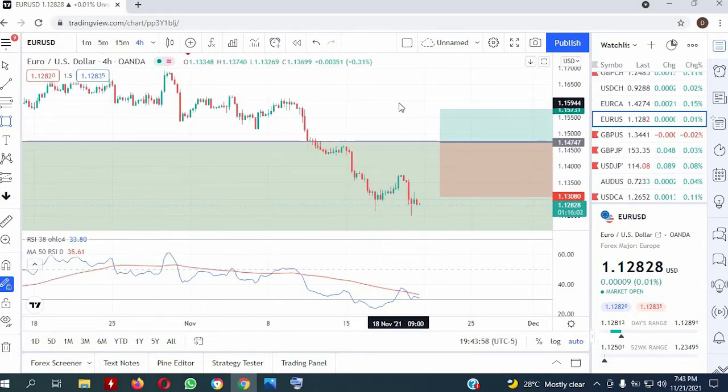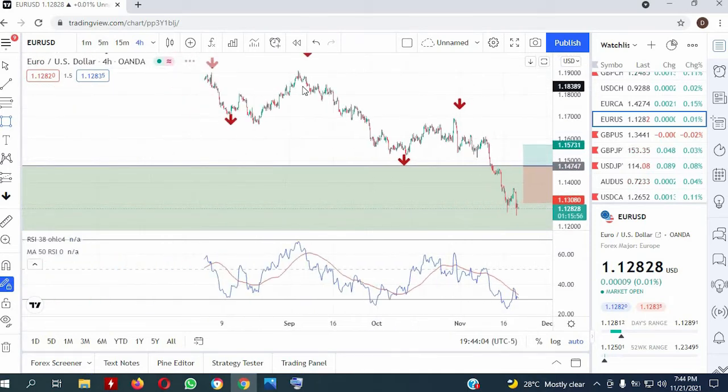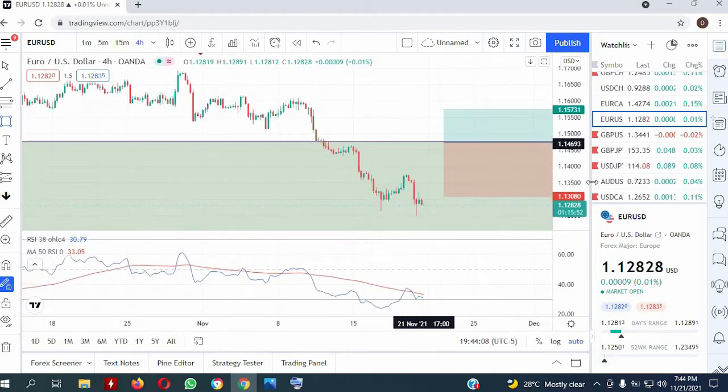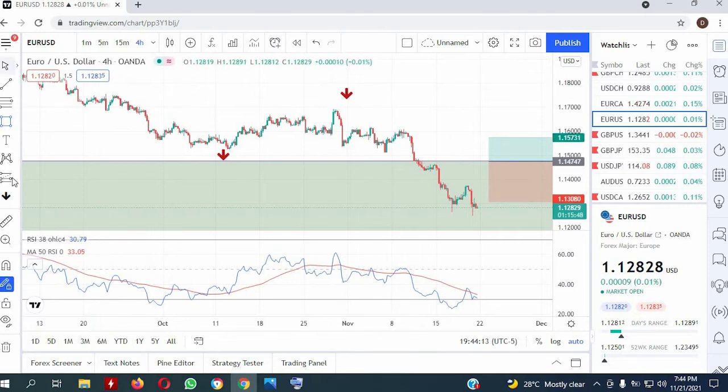In my last technical analysis, the EUR USD is making lower highs and lower lows. So the EUR USD is in a strong bear trend.